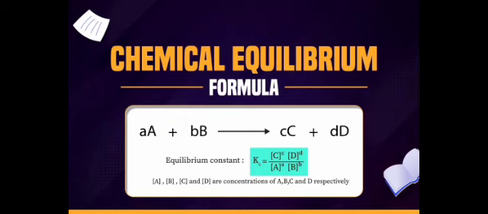Then, since it's product divided by reactants, we divide it by the reactants. The reactants are N2 and Cl2. So we put N2, raised to the power of its coefficient, which is 1, and then multiply by Cl2, raised to the power of 3. Now, that's just the formula. So we have NCl3 raised to power 2 divided by N2 raised to power 1 times Cl2 raised to power 3.